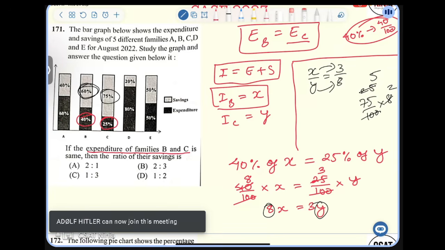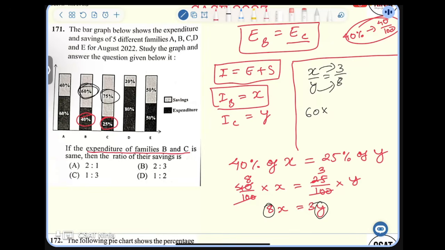I don't know where I've gone wrong. So 60% of X and 75% of 8.